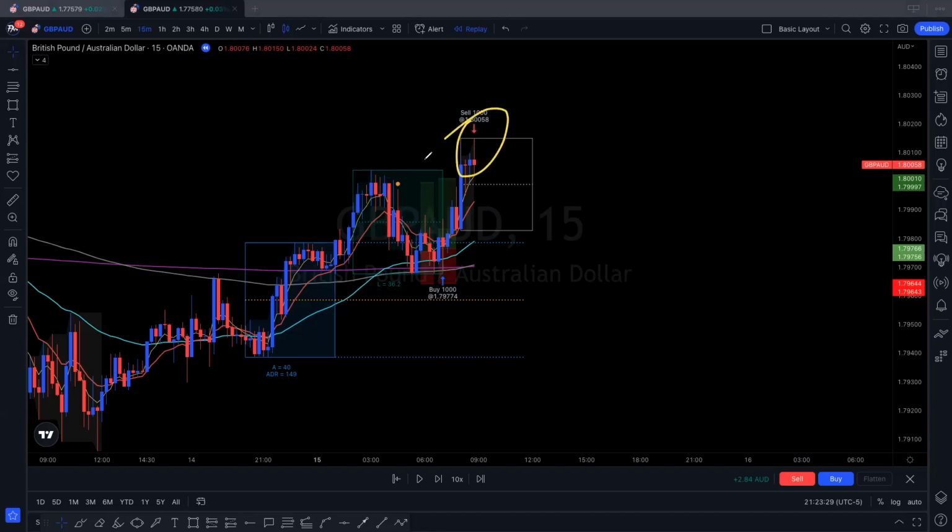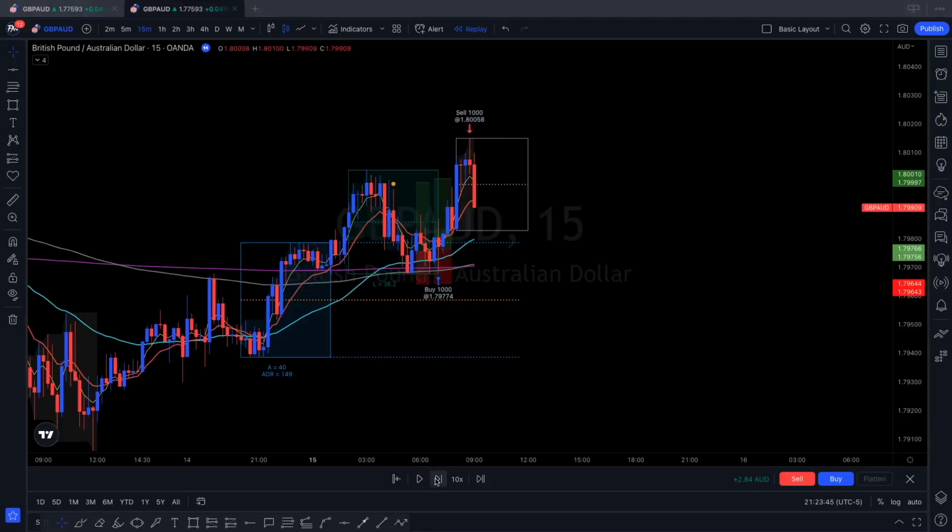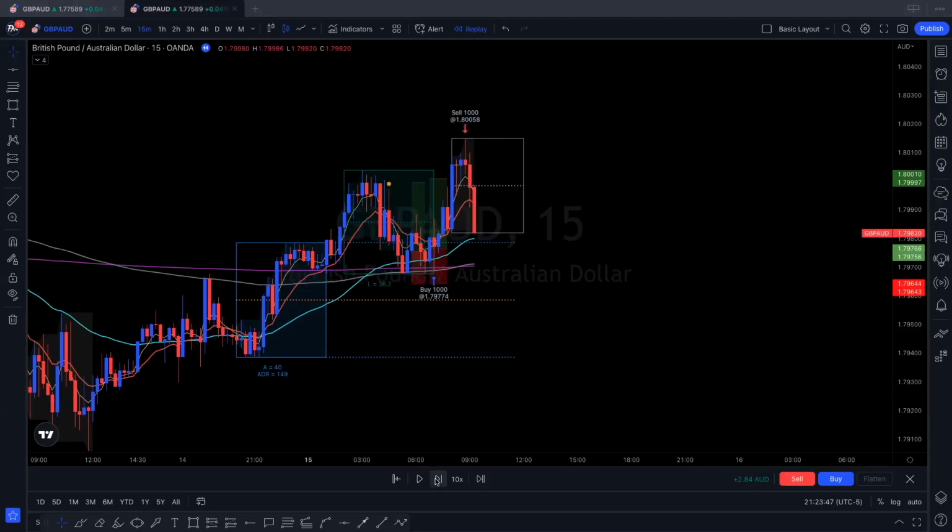Depending on how we get a reaction up here, I could see this as a multi-session. Okay. Let's see a couple more candles first. So you see what I mean?